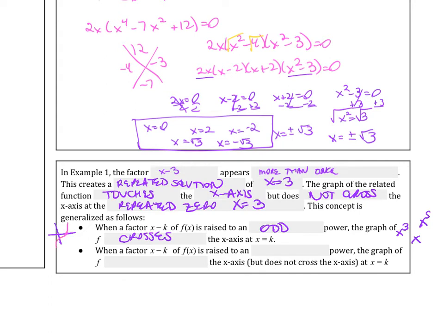When a factor x minus k of f of x is raised to an even power, like x squared, x to the fourth, x to the sixth, the graph of f touches the x-axis but does not cross the x-axis at x equals k. So hopefully that reminds you of our parabolas. Like an x squared, it bounces or touches at that x-axis.